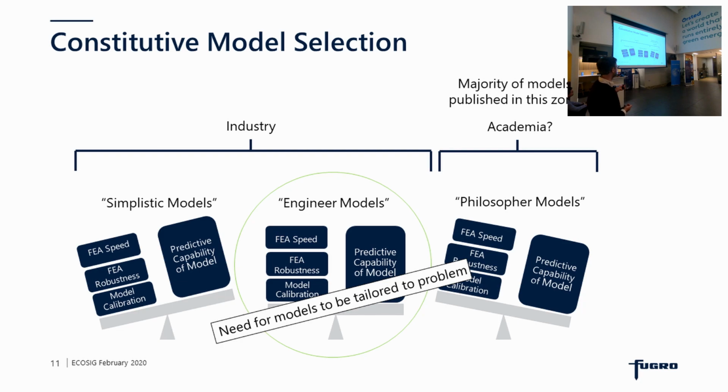Typically we might be looking within a range for practical design in what's termed here engineer models, which offer a good balance between speed and predictive capability. But in order to select those types of models, we really need to zone in on the features of soil response which are having the most impact on our foundation analysis.